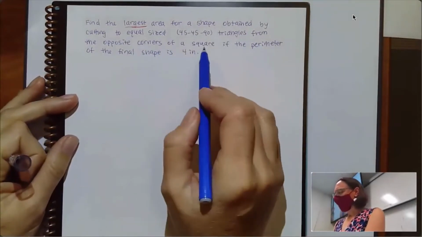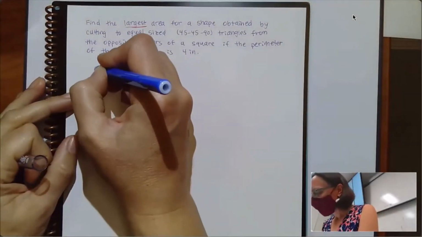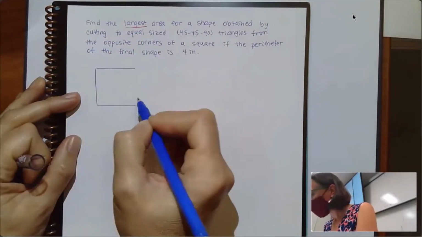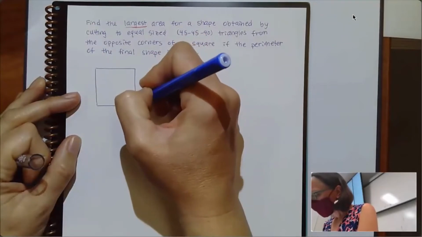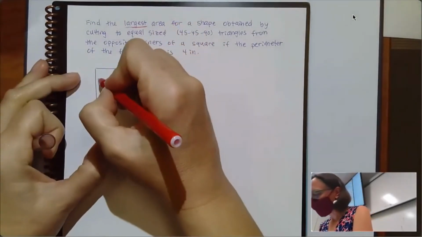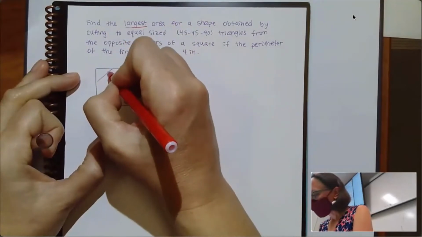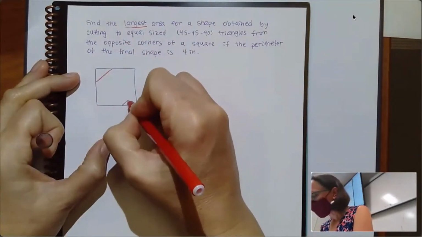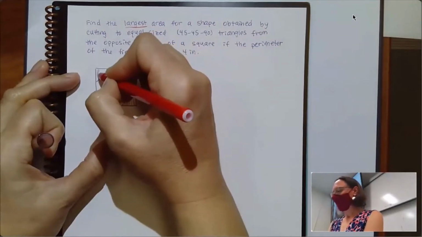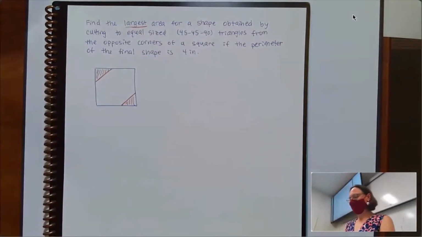So let's wrap our head around it. We're cutting corners off of a square. So I'll start with a square. And then we're cutting corners off, so we're removing those corners.